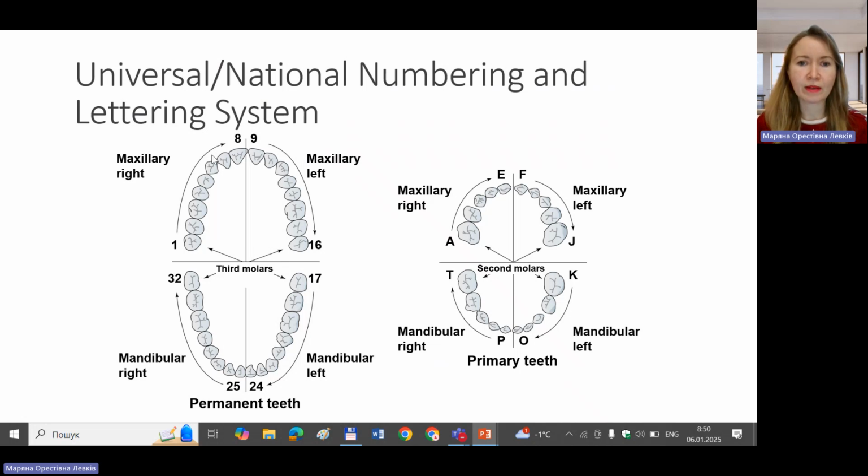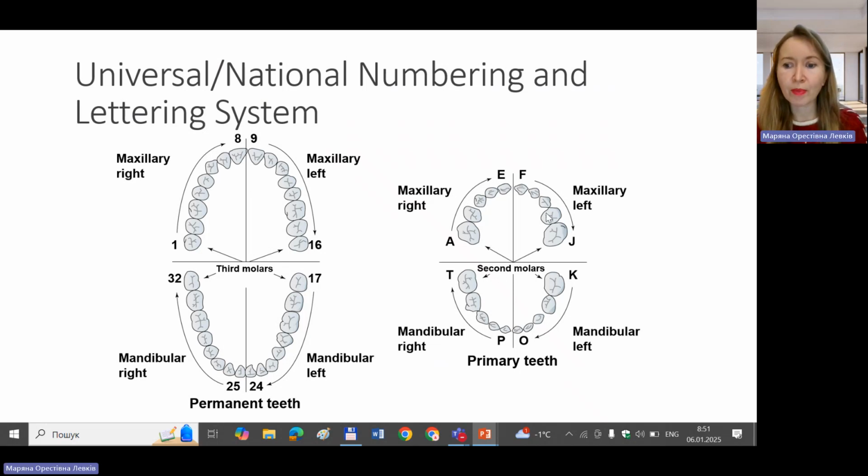But in this universal numbering system, the tooth count starts from the last molar, the third molar, moving through the dentition. In this way, in the maxilla we have 16 teeth, and then we proceed to the mandible, starting from 17, the last molar of the mandibular left, and proceed through all dentition to the mandibular right, ending with number 32.